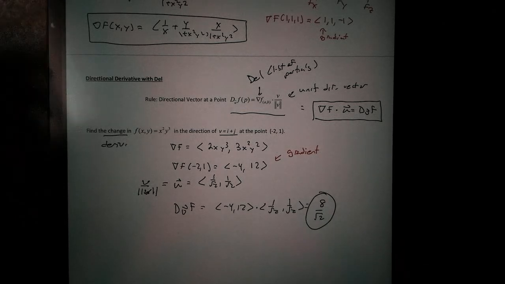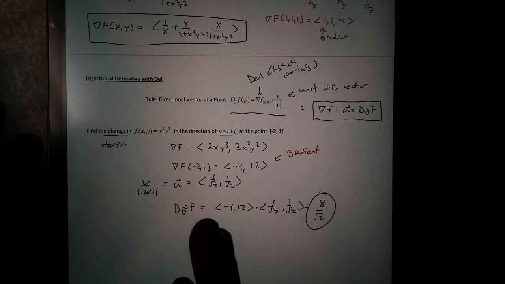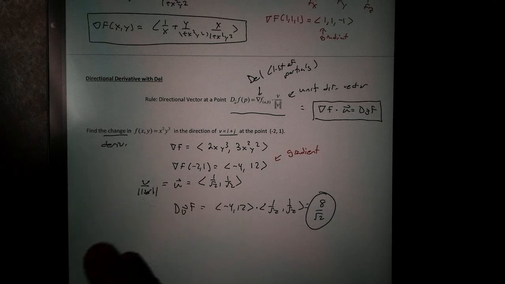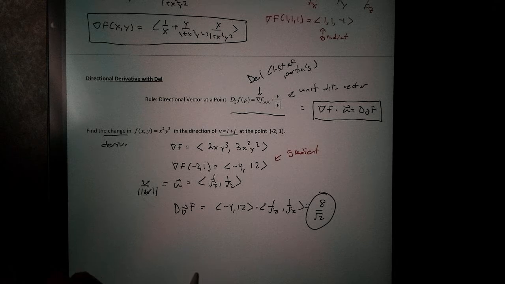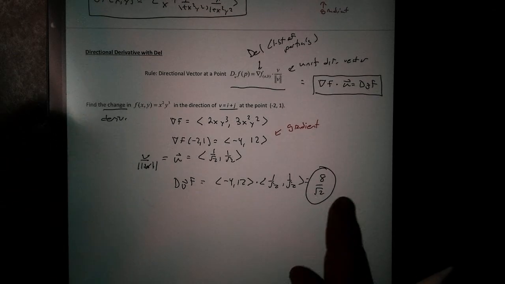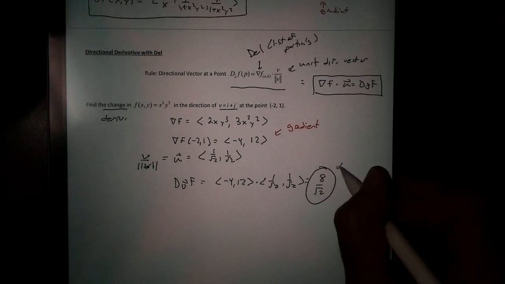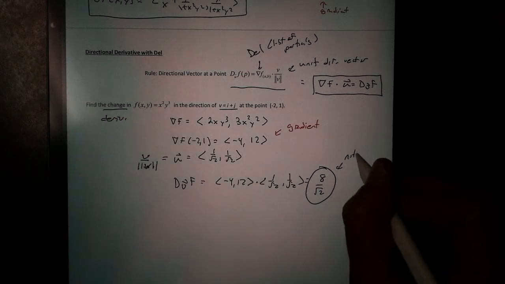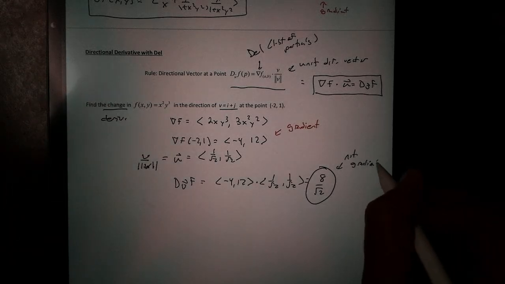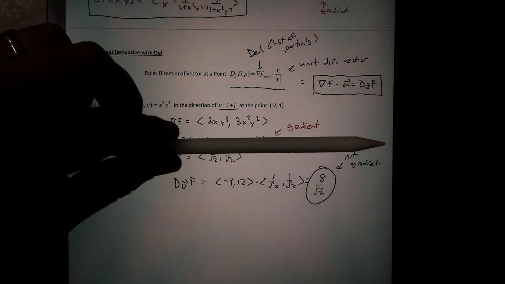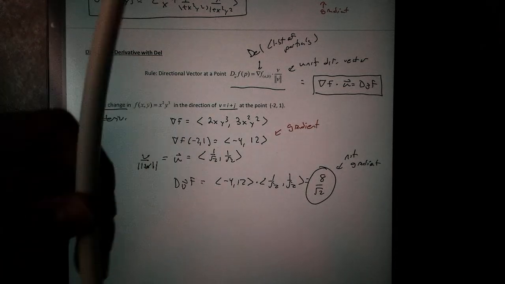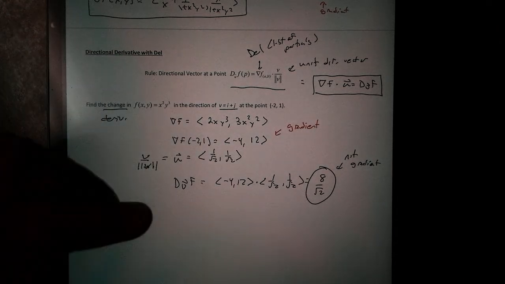And that's just how we use del to get our directional derivative right here. And remember, this is the slope. Remember, this is not the gradient, because the gradient gives me the direction of maximum increase. The directional derivative is not the gradient.